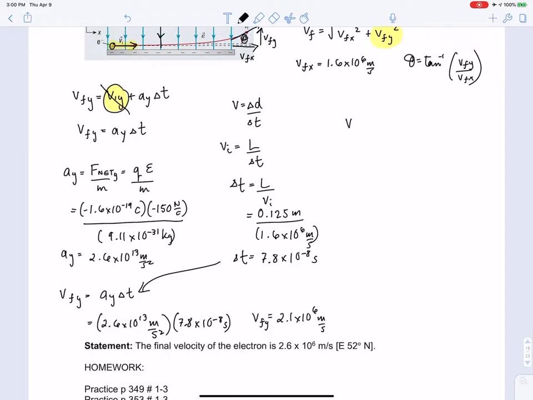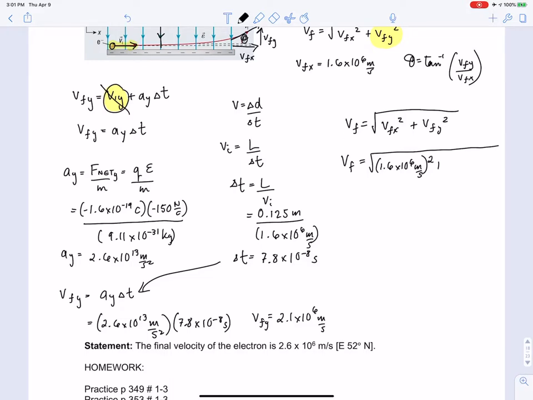So let's find the total final velocity, which is equal to the square root of the final x component squared plus the final y component squared. Okay, so the final velocity is equal to the square root of, we know the final x component is equal to the initial x component, which is 1.6 times 10 to the power of 6 meters per second.